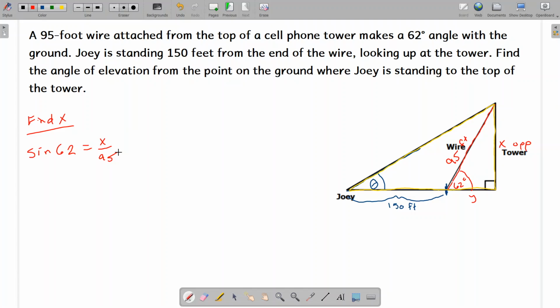So then we can multiply both sides by 95, and we find that x is equal to 83.9 feet. So I'm going to erase this here, and I'm going to put that 83.9 feet. Okay, and then we need to find y now.